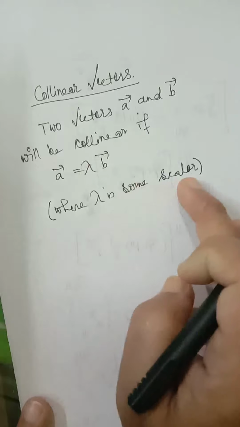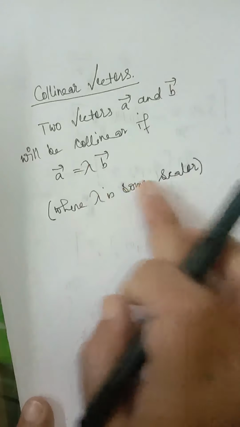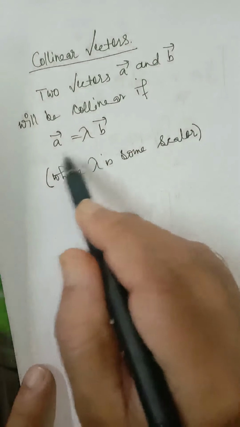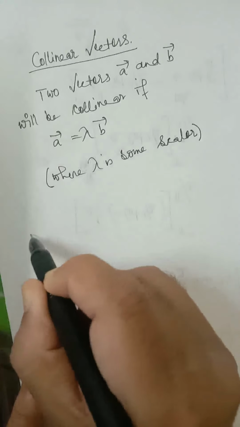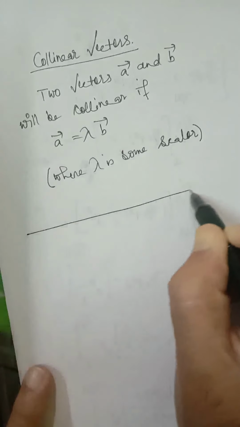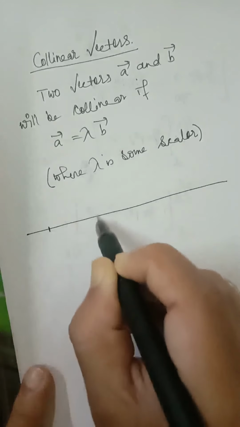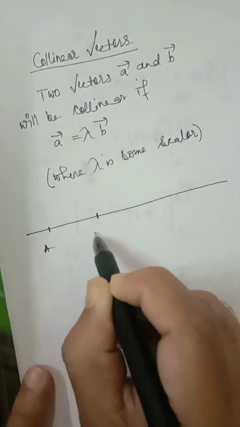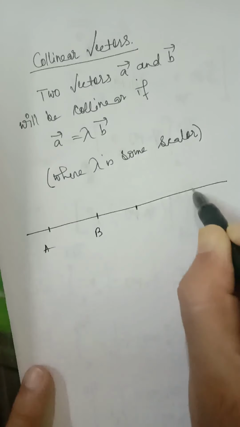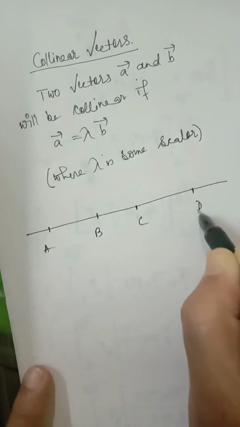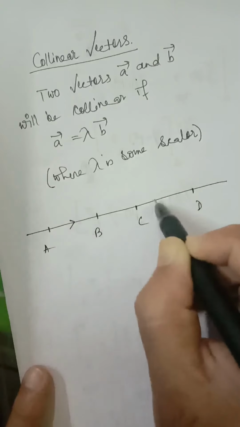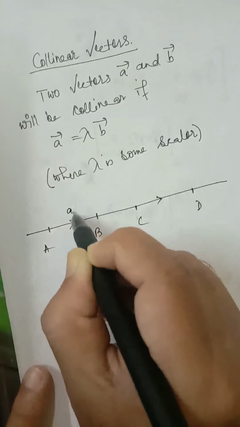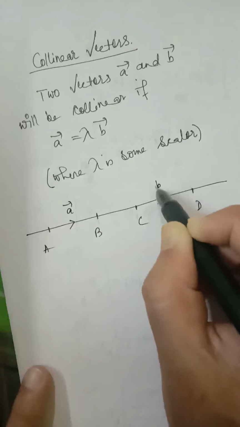Scalar means some constant. So two vectors A and B will be collinear if A vector equals some constant into B vector. Mathematically, I am drawing the figure. Suppose this is AB and this is CD. Now these two vectors, AB vector is equal to A vector, CD vector is equal to B vector.